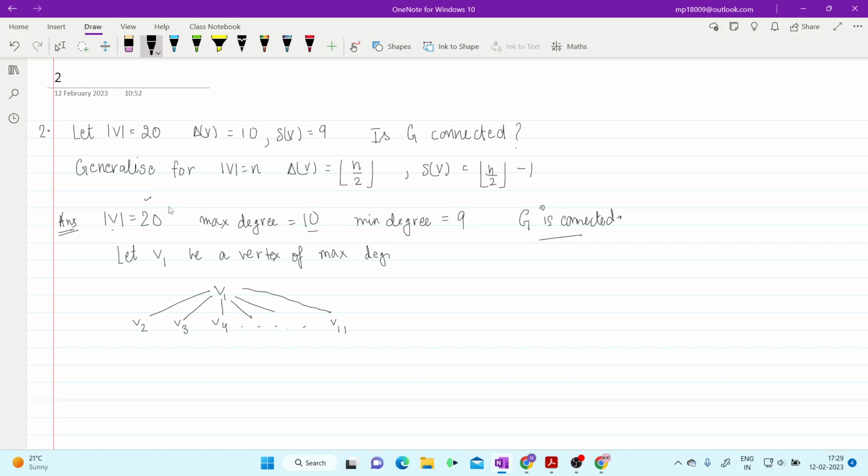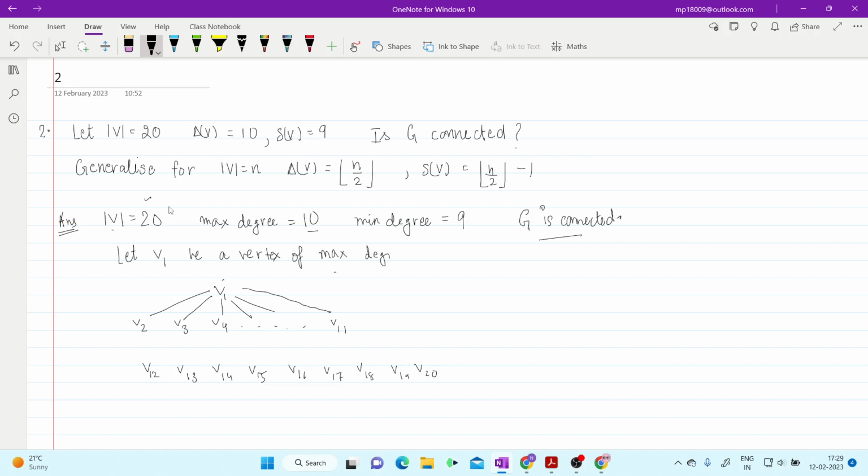And total vertices are 20, so we have 9 more vertices remaining, V12 till V20. So we have V1, then these 10 vertices which are adjacent to V1 because V1 was a vertex of maximum degree, and then these other 9 vertices which are not adjacent to V1.